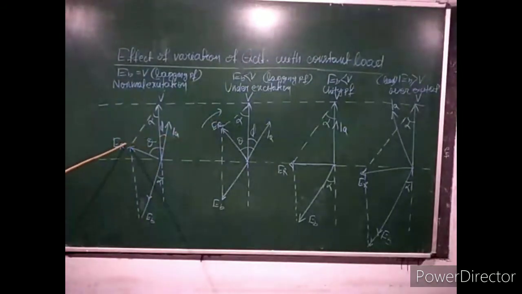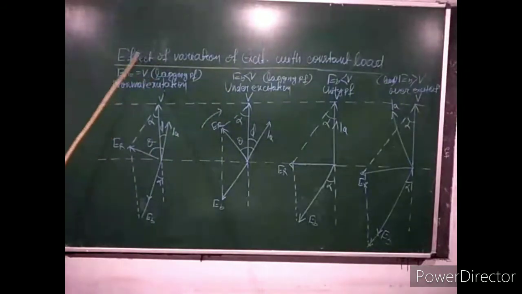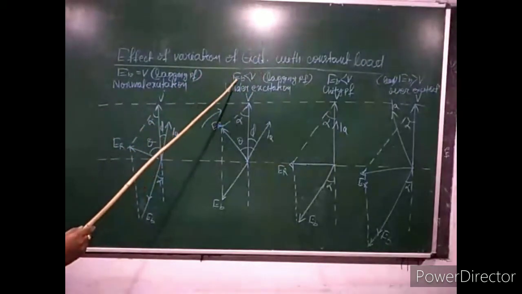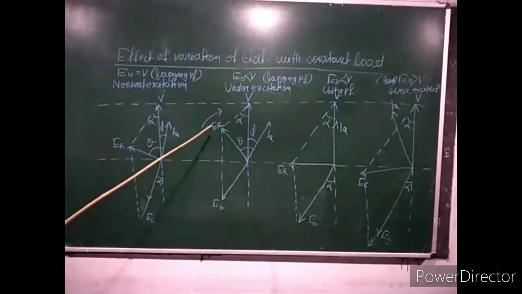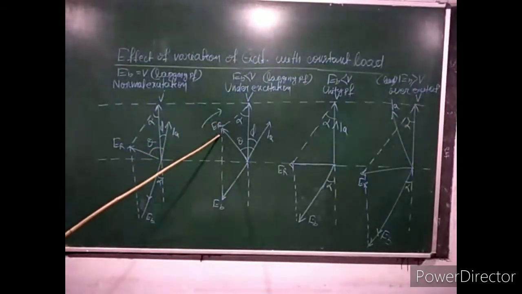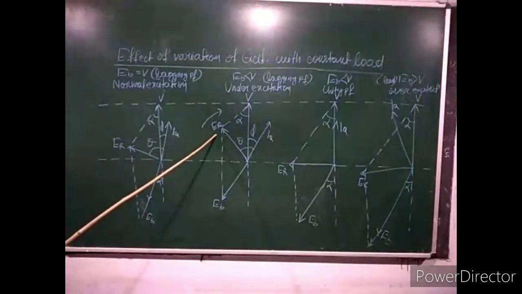This is the normal condition for a doubly excited synchronous motor, and when it is under excited, EB back EMF, which was equal to the applied voltage, is here less than it. So the resultant voltage ER shifts clockwise from this direction to this direction, and its value decreases.